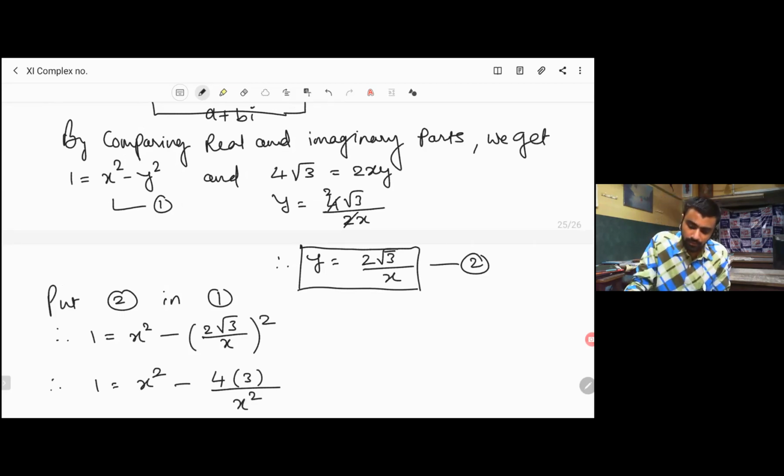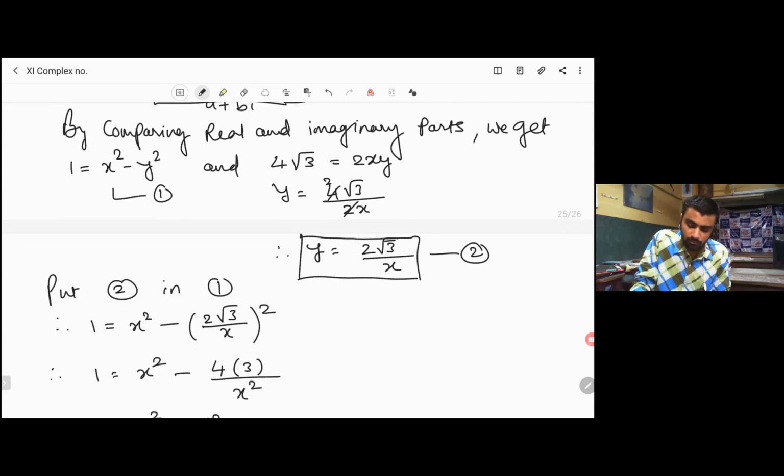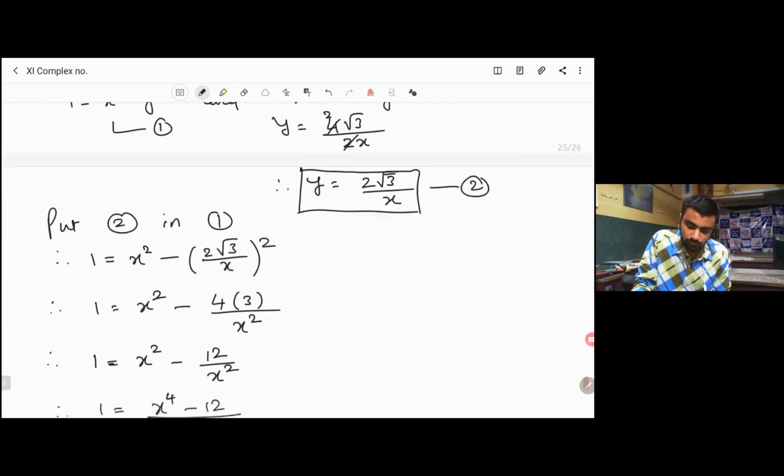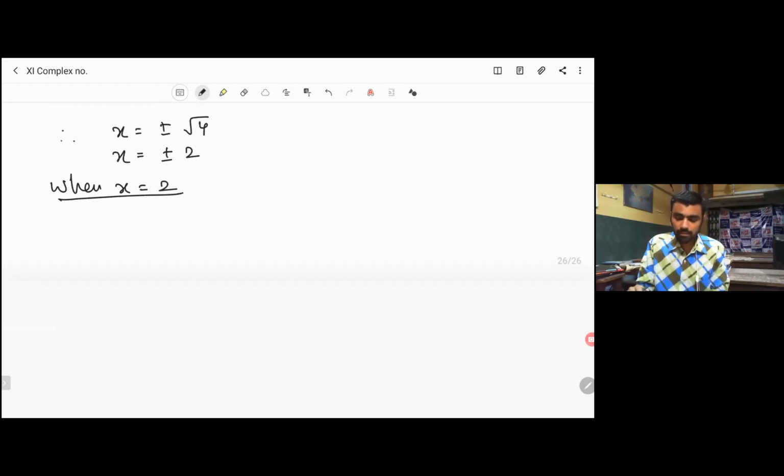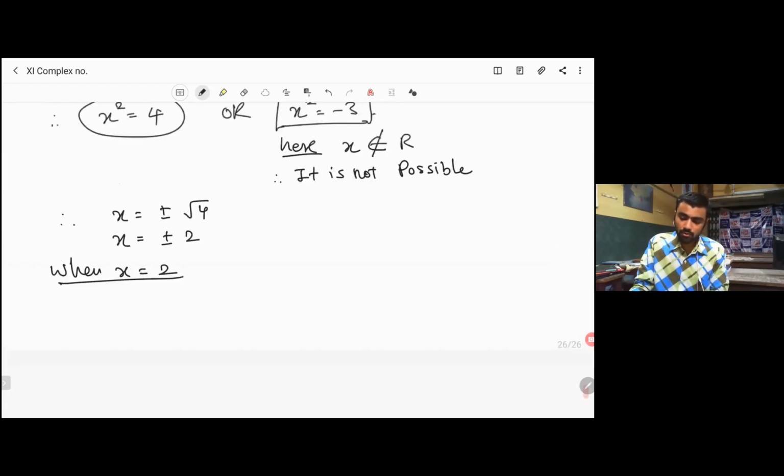तो आप पहले when x is equals to 2, तो y की वैल्यू क्या हमें मिलेगी? So y is 2 root 3 upon x.